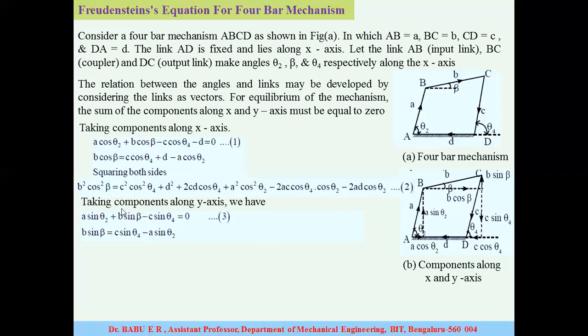Now I keep this on the left-hand side and send the remaining terms to the right-hand side. So b sin beta equals c sin theta 4 minus a sin theta 2.